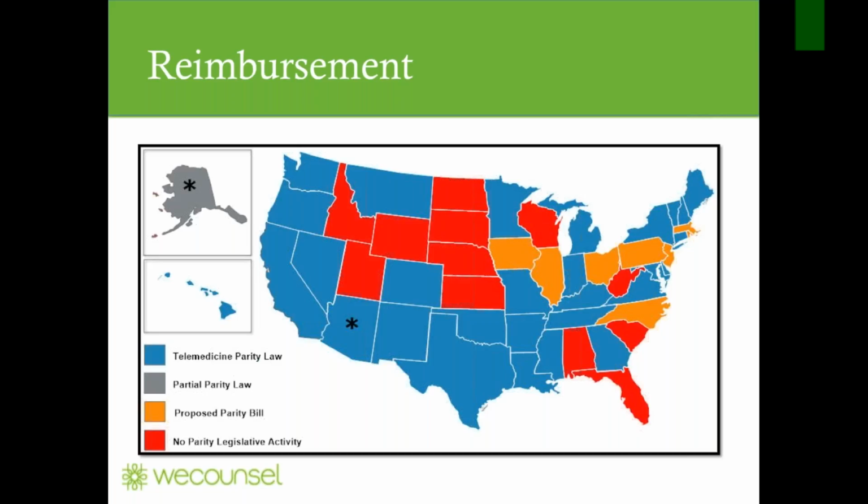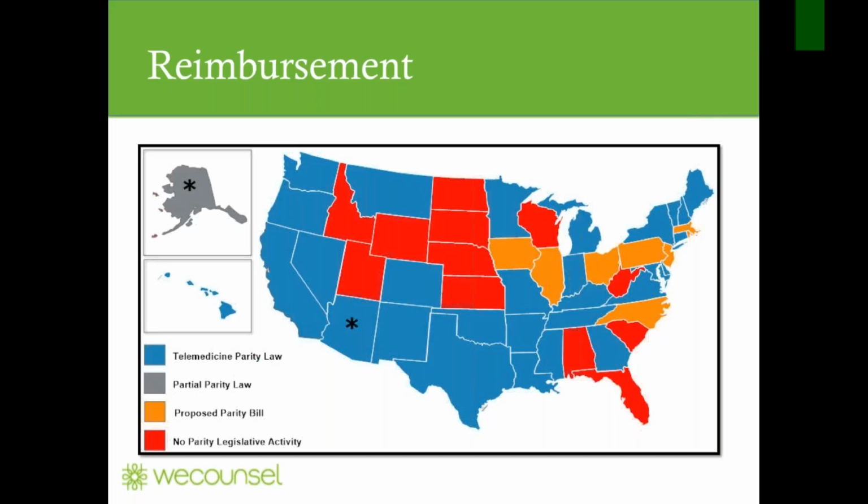For example, a GT modifier is something that you would add to your CPT codes in the billing process that will indicate that the services were furnished via telemedicine. You'll have to know that and what your CPT codes are prior to billing. And it's really not just as simple as whether or not parity exists in your state.